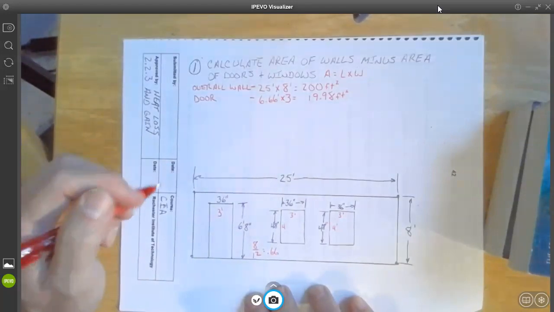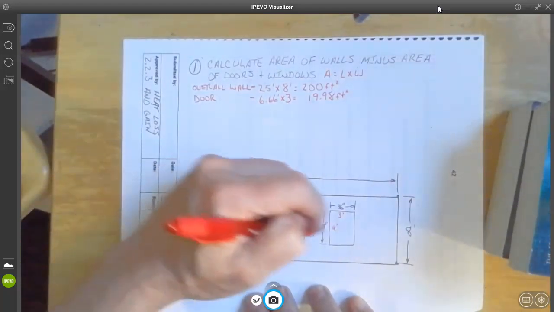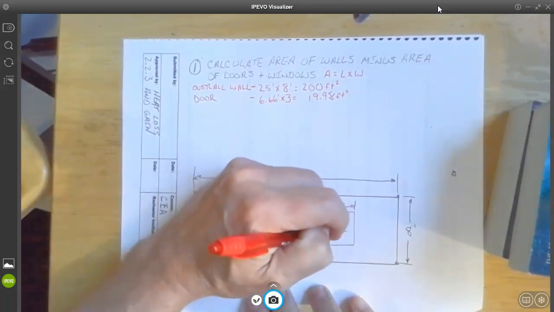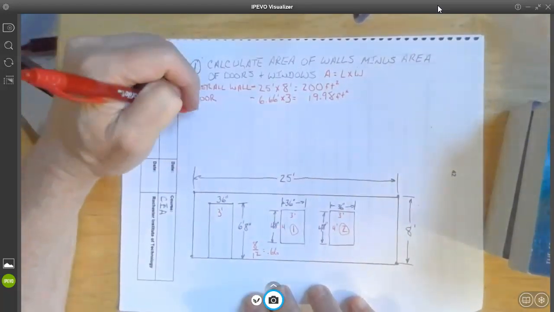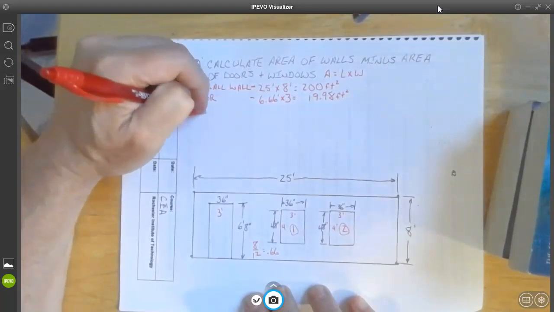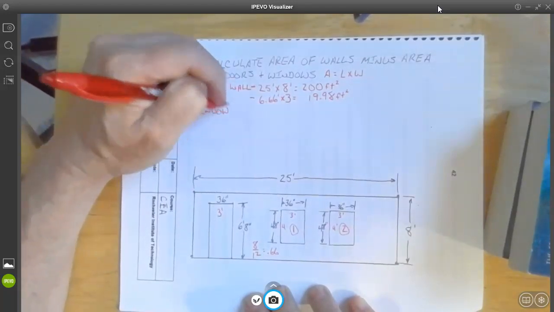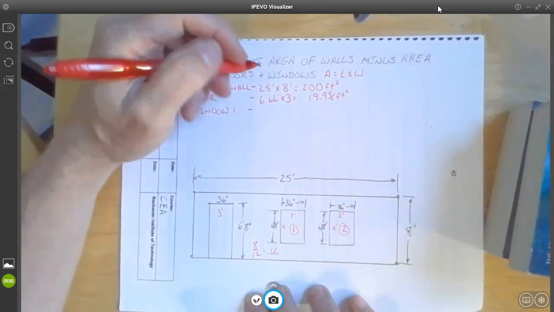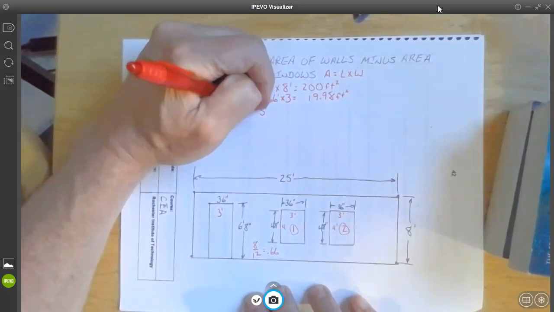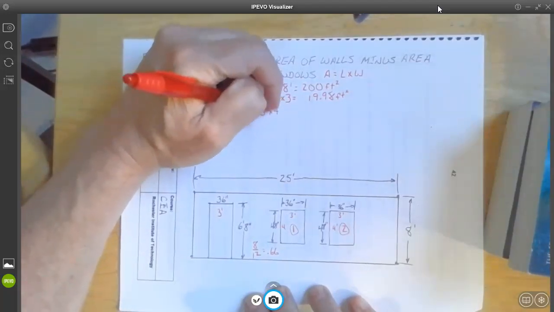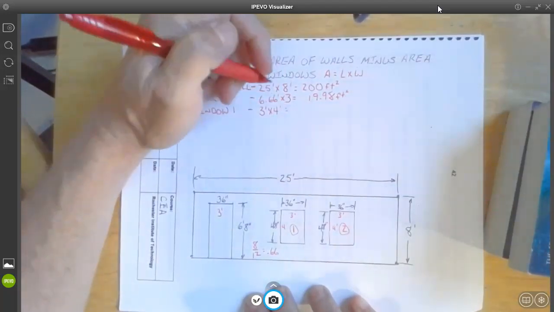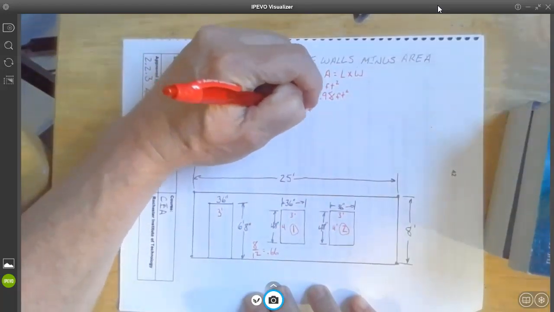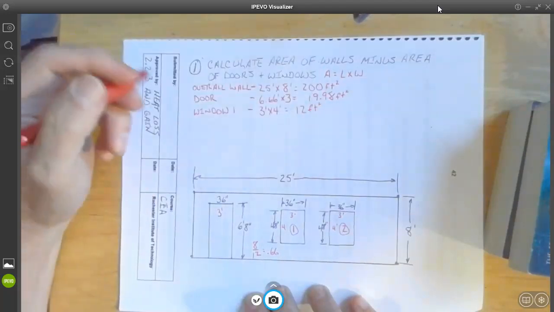So let's say we're going to call this window 1 and window 2. I'll just circle those to make sure everybody sees them. Window 1, that is going to be 3 feet times 4 feet equals 12 feet squared.